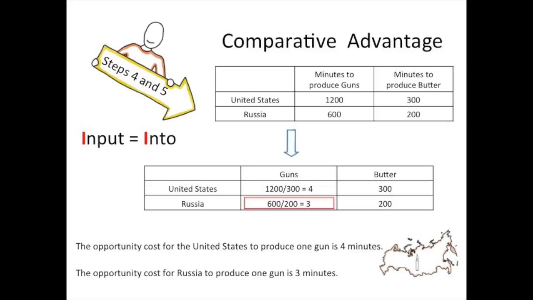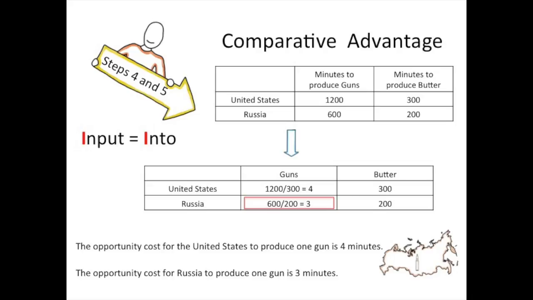To calculate the opportunity cost of producing guns in Russia, you would place the 200 minutes used to create butter underneath the 600 minutes used to create guns. After dividing by 200, the opportunity cost for Russia to create 1 gun would be to give up 3 minutes of creating butter.